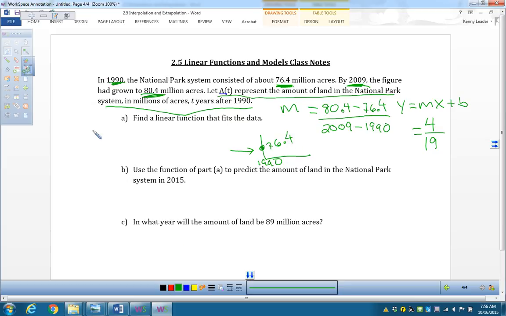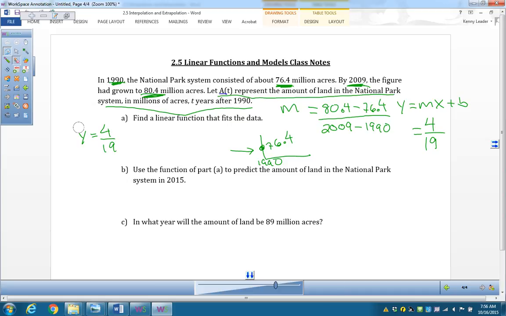All right. So now I have an equation. Y equals 4 over 19 x. Well, oh, they want t. Sorry. They want t. And they want it like this.